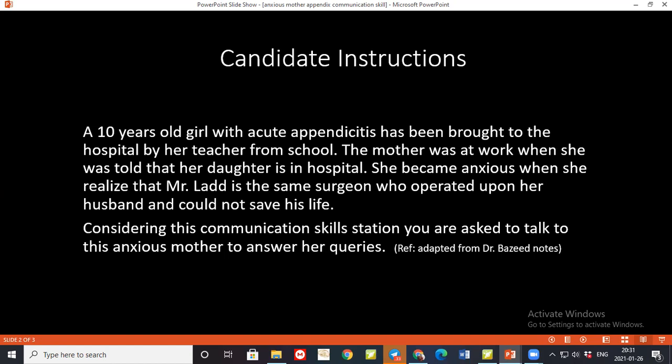Basically, I've discussed your daughter's condition, that we have stabilized her and we're about to move her to operation, and that Mr. Ladd is going to be the consultant. He's going to operate on your daughter. Thank you for your time. If you have any other question, please go to the nurse and they will contact me. I want you to know that we are here to help and support you. Thank you very much for your time.